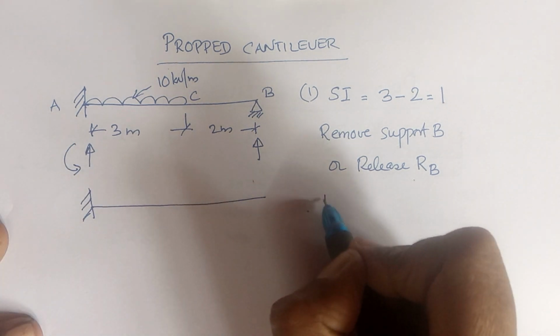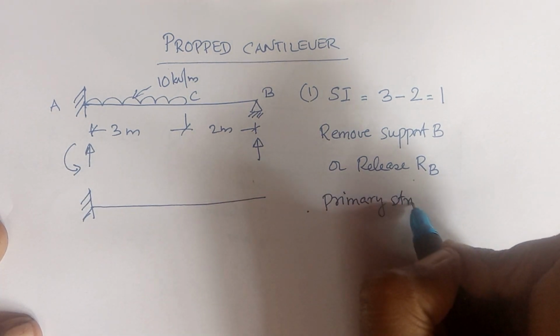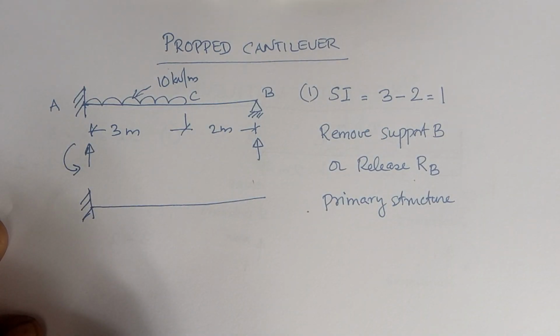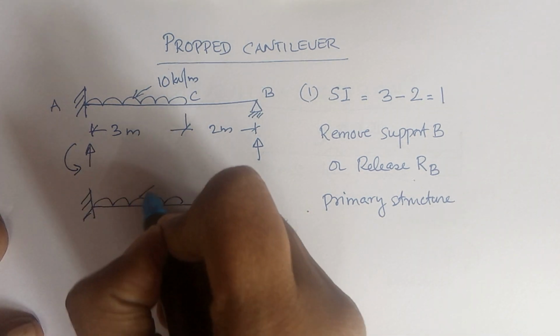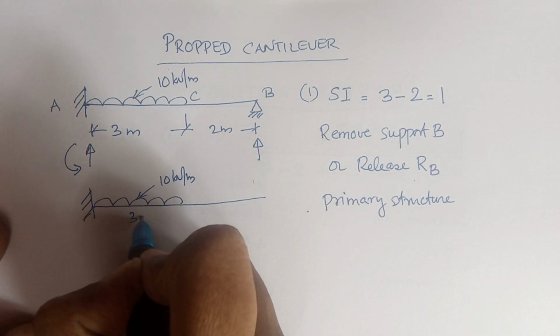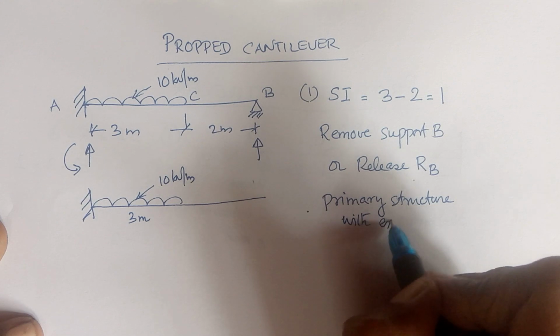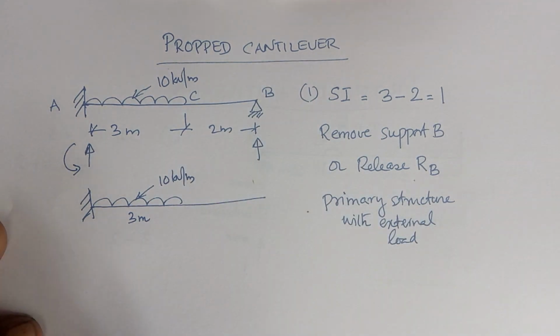So this is called primary structure or statically determinate structure. So this is the external load 10 kilonewton per meter over a length of 3 meters. So primary structure with external load.